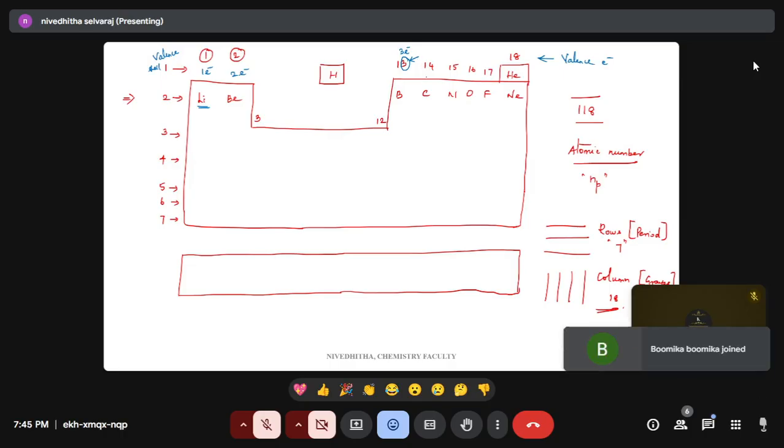And how about 14th group elements? 14th group elements will have 4 electrons in their valency shell, 15th group elements will have 5 electrons, and 16th group elements will have 6 electrons. This is 7 electrons. And 18th group elements will have 8 electrons in their valency shell, but helium will have only 2 electrons because the atomic number of helium itself is 2. So 2 electrons will be in the valency shell, but the rest of the inert gases will have 8 electrons in the outermost shell. Right? You're getting the point?